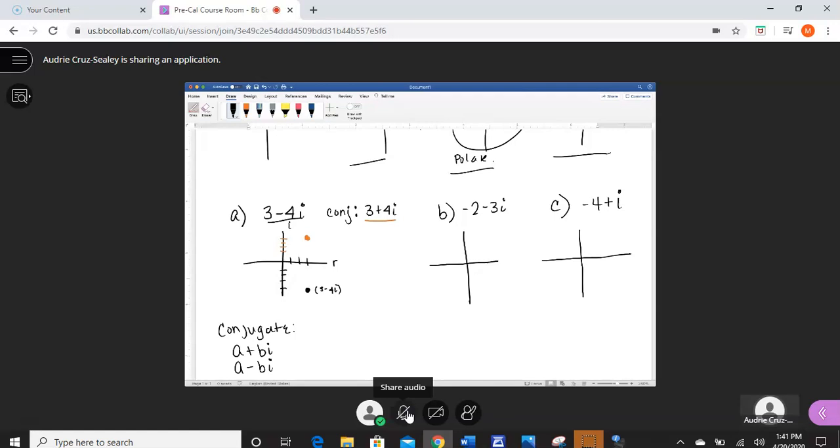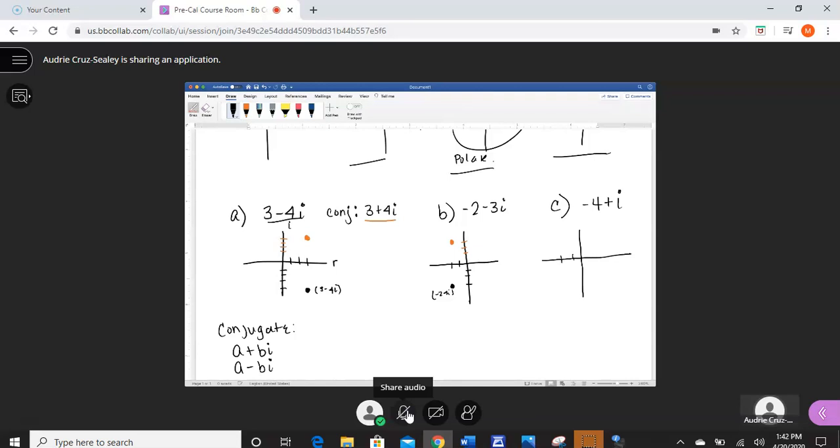So we would have -2 minus 3i. So you should have your first dot here. We agree with that? And then its conjugate would be -2 plus 3i. So you should have this picture, the number and its conjugate, right?